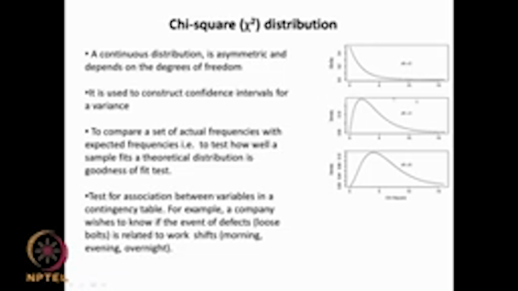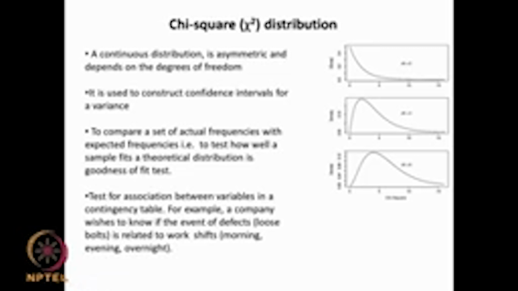We can construct confidence intervals, we can compare actual frequencies with the expected frequencies, we can compare fitted data versus the real data. We can look at association between variables. For example, is bad workmanship related to the work shift?